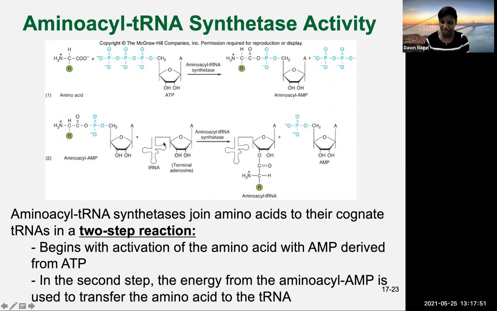Okay, so they're highly specific. If there is a mistake, you incorporate the wrong amino acid, and you can imagine if you're making a protein with the wrong amino acid, you will really affect the function of that protein. So they're highly specific. Of course, mistakes can be made, and it does actually happen, but you need to be very specific.